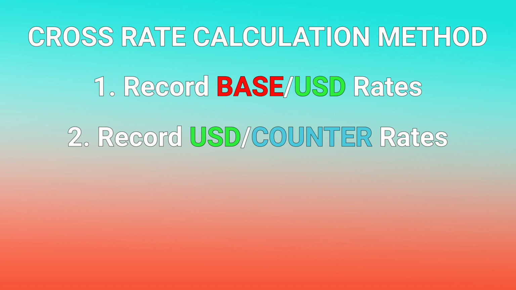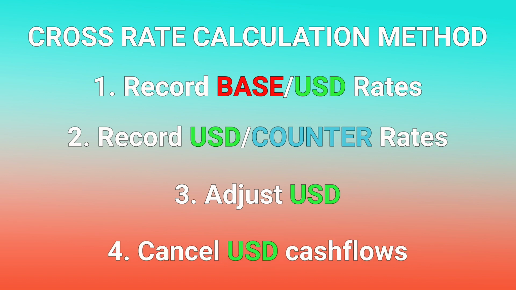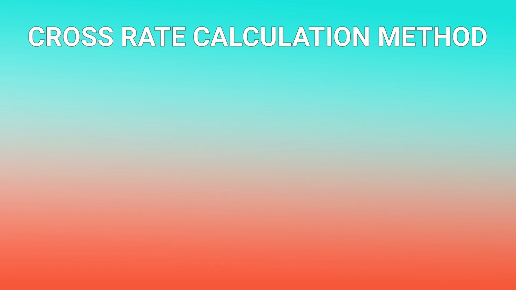If you receive the counter USD rate, in other words, the counter appears in the base position instead of the counter position, a conversion will be necessary. Adjust the second currency pair's exchange rates to ensure the USD cash flows have perfect set-off. With the USD cancelling out, the resulting counter currency rate will be the cross rate.